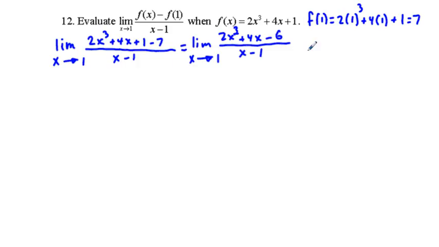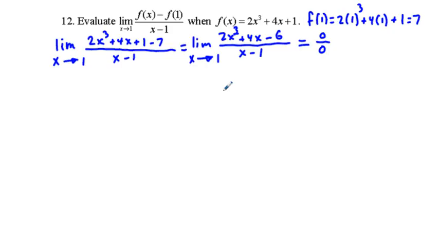Now substituting in 1, we get 2 times 1, because 1 cubed is 1, plus 4. So we have 2 plus 4 minus 6. That's going to be 0 in our numerator. In our denominator, we have 1 minus 1, which is 0. So we have 0 over 0. So what we need to find is a factor.